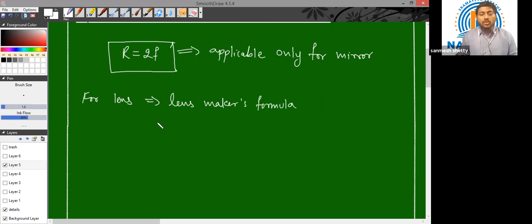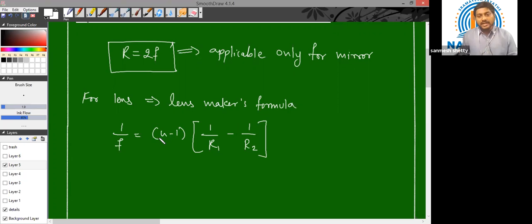Now, no need to worry about this formula because this is not there in your CBSE curriculum, but you might have learned this formula in your eTechno class 9. The formula was something like this: 1 by f is equal to n minus 1 into 1 by r1 minus 1 by r2.